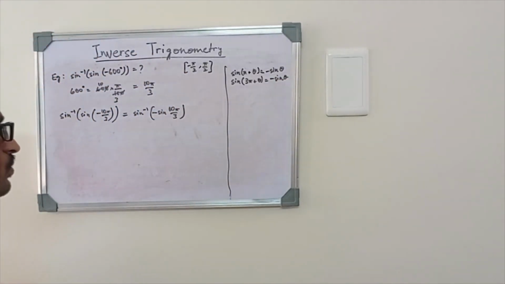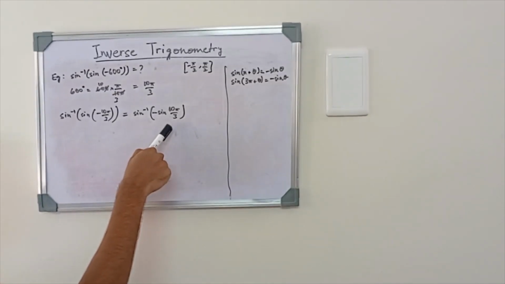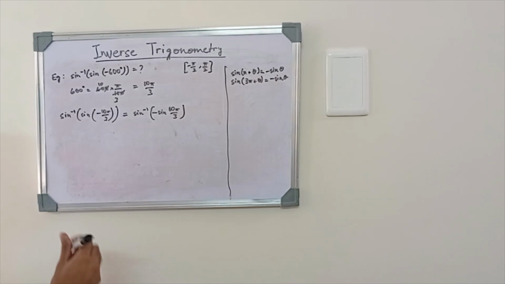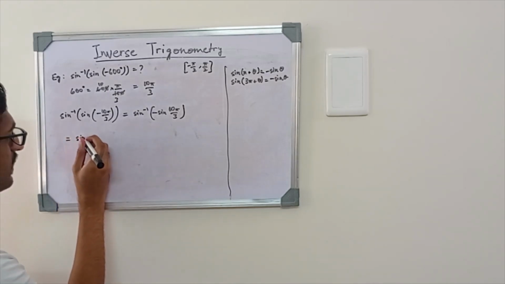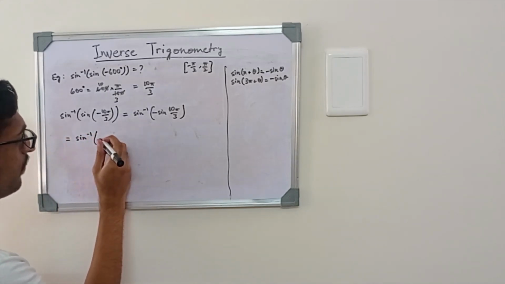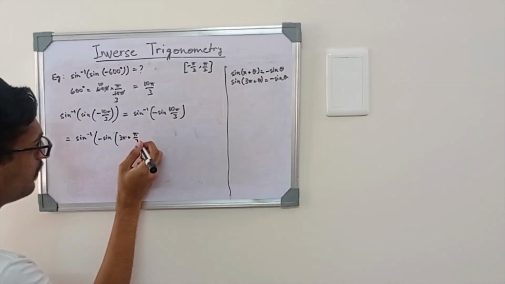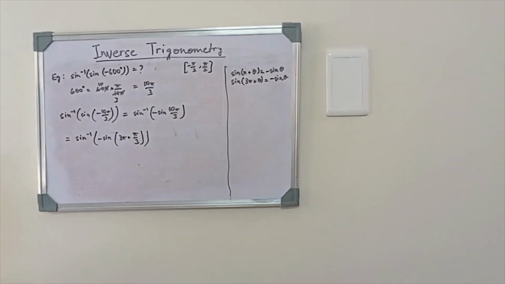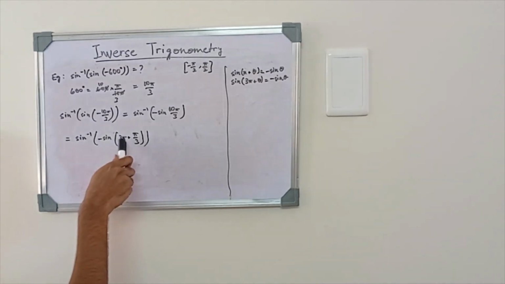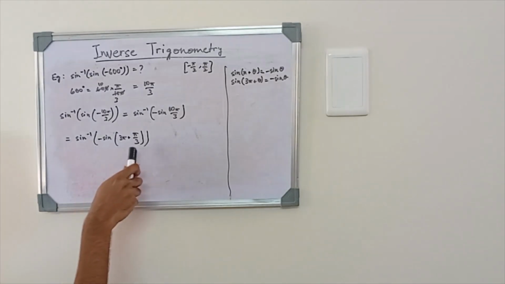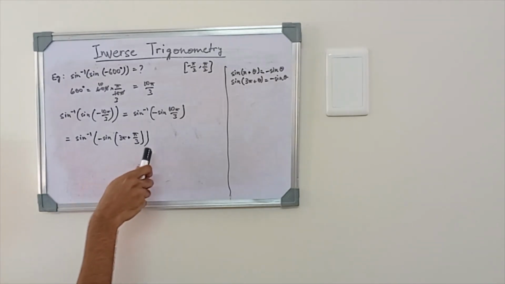So what we can do in this expression now, with this identity in mind, is that we can write this as sine inverse of minus sine of 3 pi plus pi by 3, because this is straightforward: 3 pi is 9 pi by 3, and if you add one more pi by 3, then it will become 10 pi by 3. And now we have sine of 3 pi plus theta.